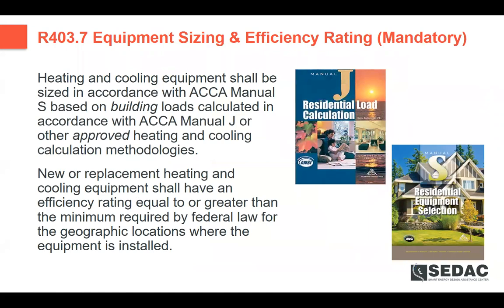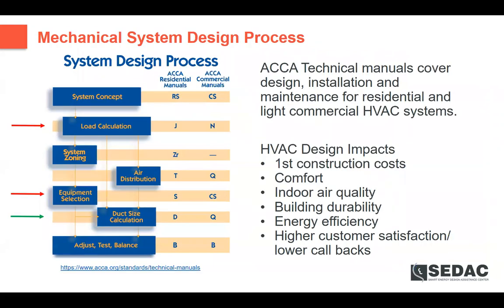You can see there's a J for the residential load calculations and the S for equipment selection. Those two are recommended. We also recommend Manual D, duct size calculations, and properly sizing your ducts too. It's just one more step that gives you a better building.